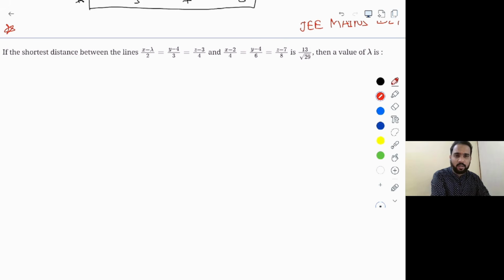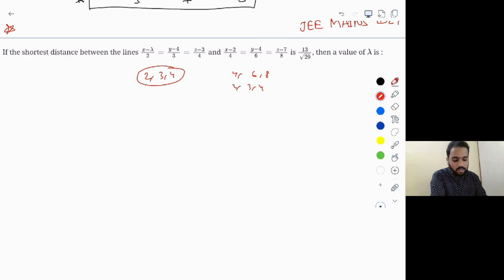So many students may think that this question is very easy because we have a very direct formula to find the shortest distance and equate it to 13 divided by root 29. The main problem with this question is that the two straight lines here are parallel, because observe the DRs of this one, which is 2, 3, 4, and the DRs of the second line, 4, 6, 8, which are also the same as 2, 3, 4 if we cancel out the common factor there.